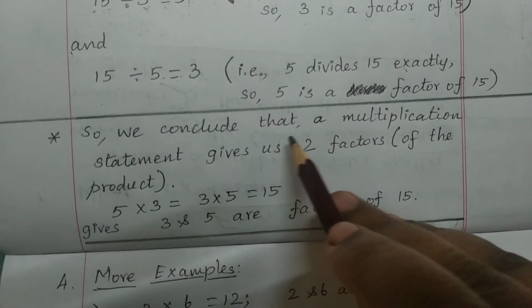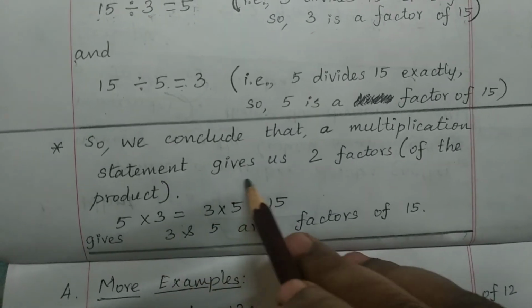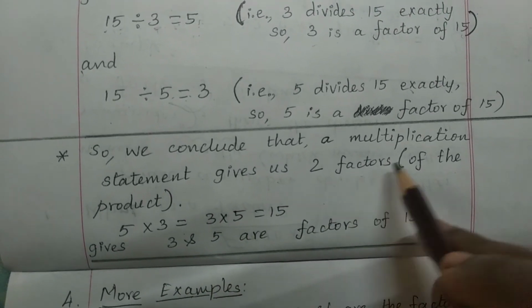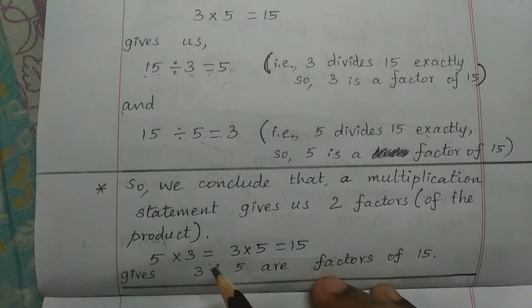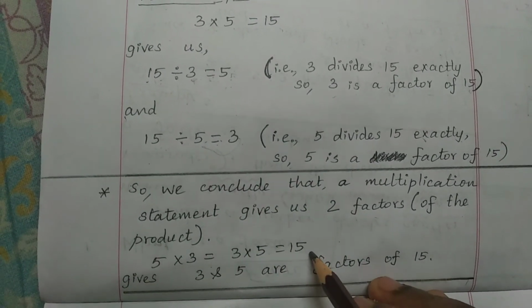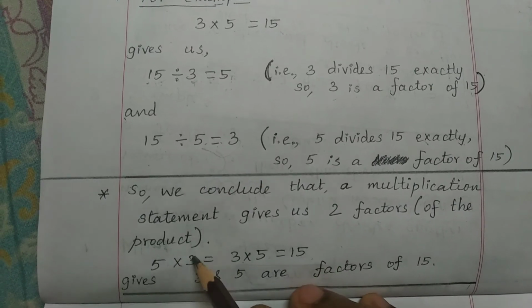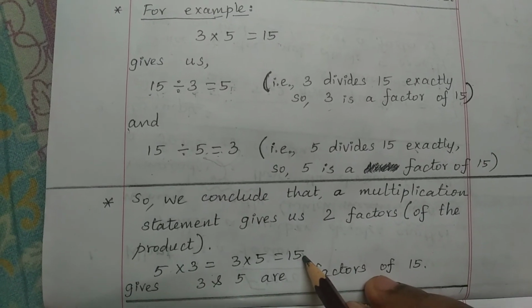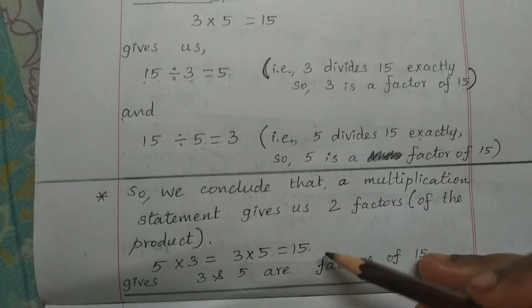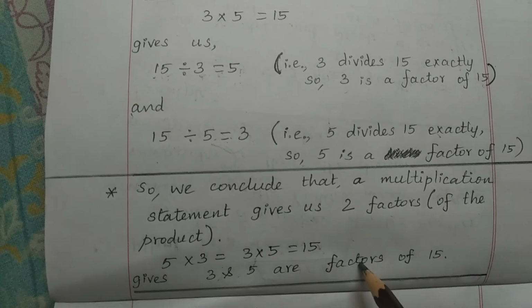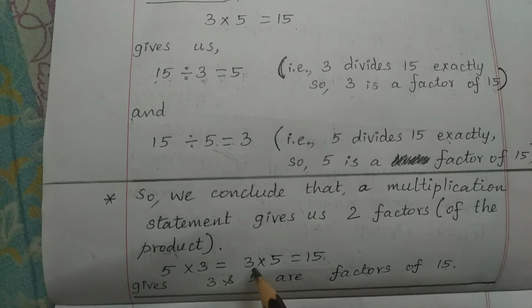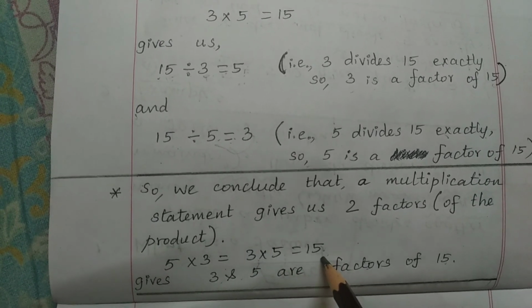We conclude that a multiplication statement gives us two factors of the product. We saw the statement 3 into 5 is equal to 15. It could be written as 5 into 3 is equal to 15 also. From the above explanation, we have concluded that 3 and 5 are factors of 15.